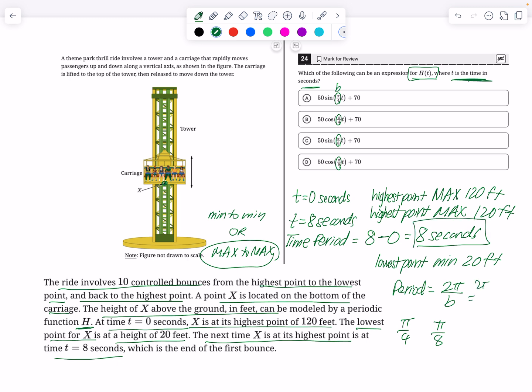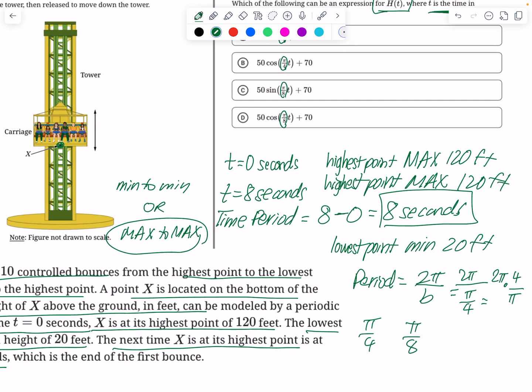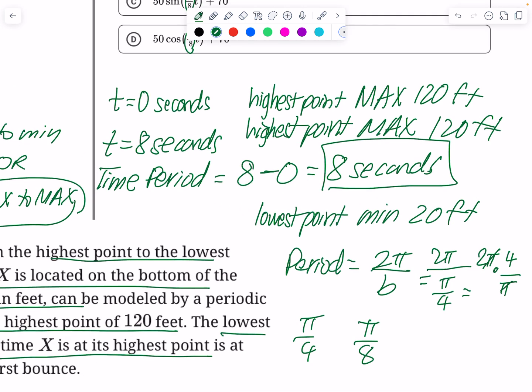So we have 2 pi over 4. And remember, when you divide fractions, you keep the first one the same and you multiply by the second flipped. And so the pi's cancel, so 2 times 4 is 8. So this is working out. I'm just going to show you when I plug in the second one.